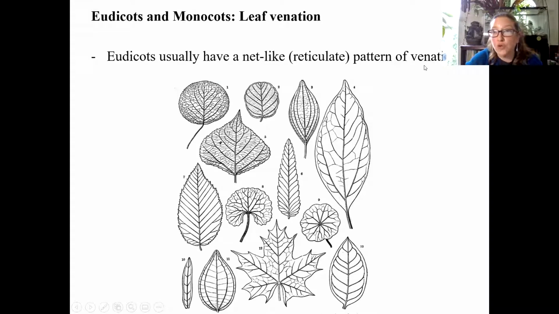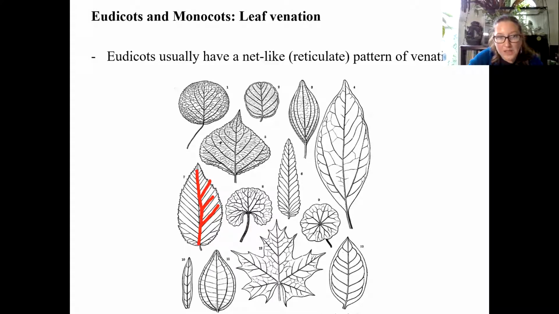Eudicots have what's called a net-like or reticulate pattern of venation, which means the veins are almost like a net. Maybe it's not super clear here, but what I like to think of to keep that in mind is that with a net, you have a single main vein and other veins coming off of it.